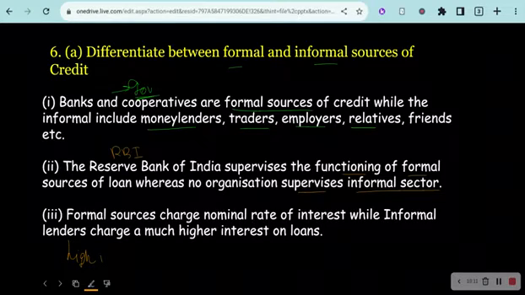They charge high interest. But when you're taking from a friend or someone, they won't charge you interest or anything. They will just tell, okay, just give me back. Or sometimes they'll take a very small amount. Like if you take 5,000, okay, give me 6,000 or give me 5,500. That's it. Not much. And banks also charge a very nominal rate of interest, like normal, what is set by RBI, that only. Whereas money lenders and everything, to the poor people especially, they charge high interest.